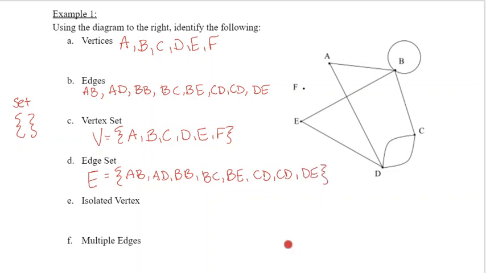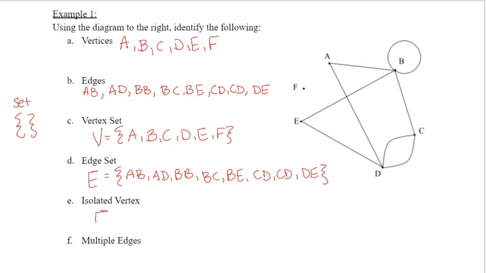All right, and knowing the vertex set and the edge set is enough for you to draw a graph. Now, we do have a couple more vocab words listed here that I did not specifically mention earlier. So we have an isolated vertex.